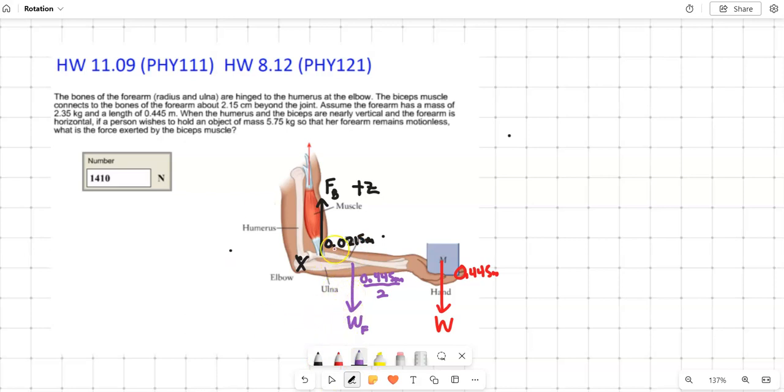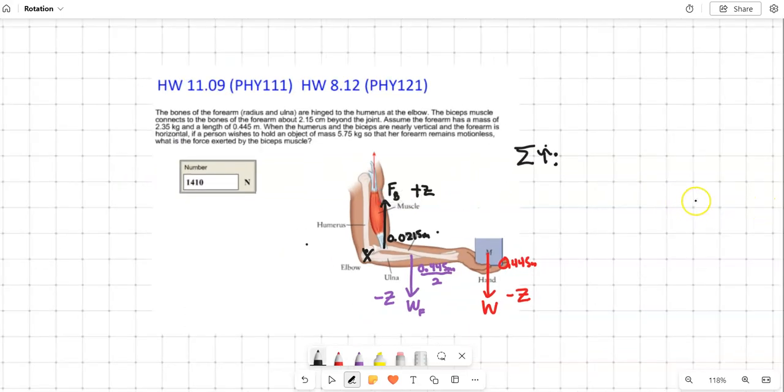This weight force is going to be spinning it clockwise, which is negative Z. And this other weight force is also going to be spinning this clockwise, which is negative Z. So once you have all your variables determined, we're going to copy them over here.